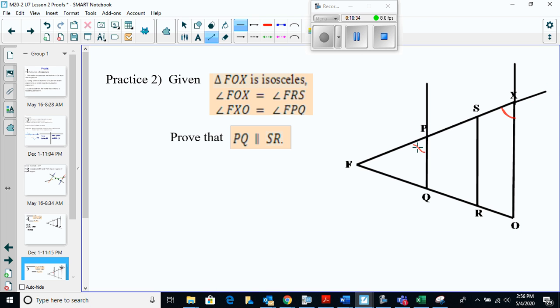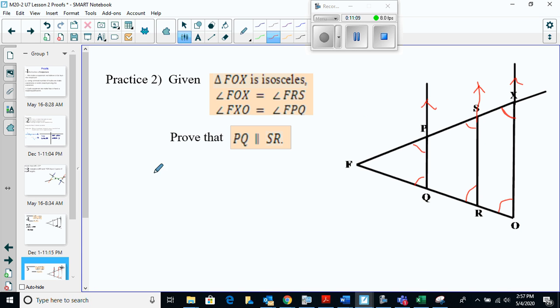And those two angles are the exterior alternate angles, which tells us that if they are equal to each other, then PQ is parallel to XO, and at the same time parallel to SR, because those two are equal to each other as well. Since this was equal from the previous example, and this was equal.